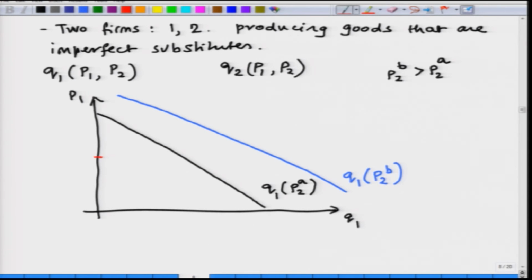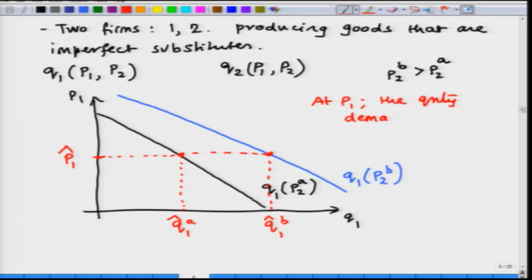At some price P hat, the original quantity demanded was Q1 hat A. Now, the quantity demanded of good 1 increases from Q1 hat A to Q1 hat B, where Q1 hat B is greater than Q1 hat A.